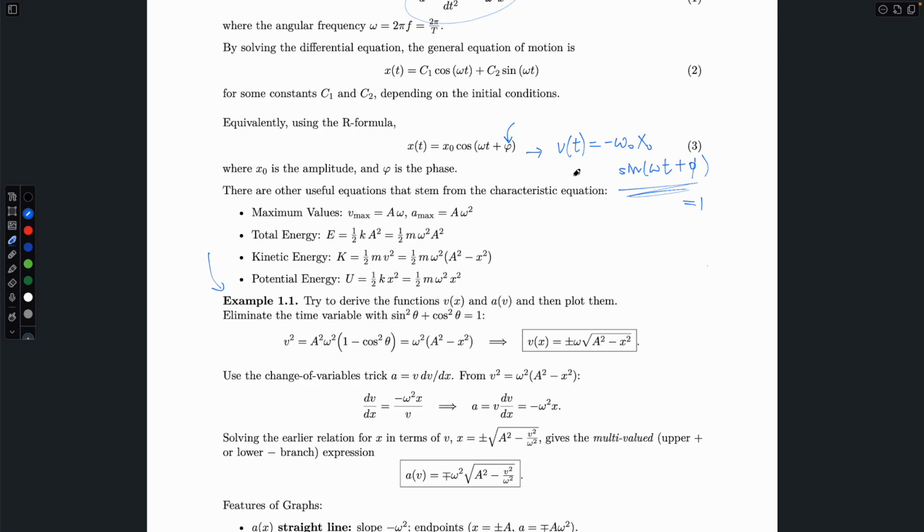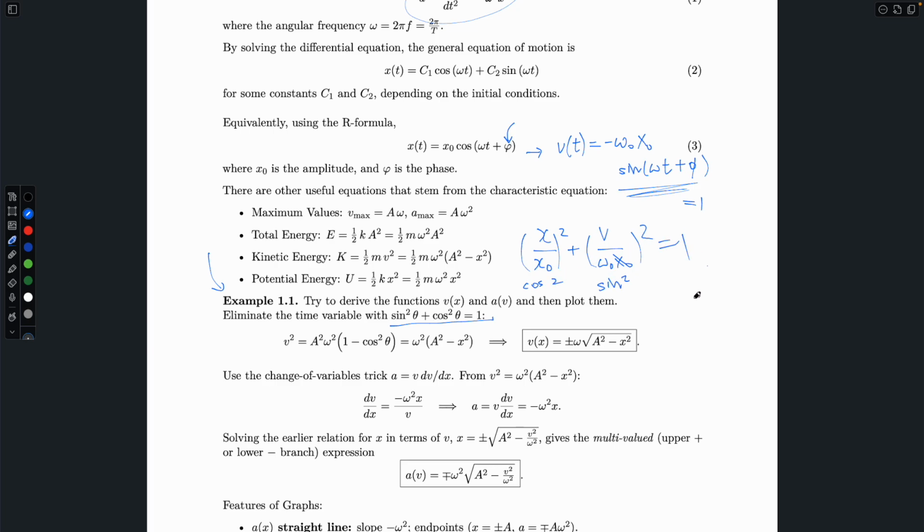In this case, the way they get this function is you use the Pythagorean identity, that is sine squared plus cosine squared is 1. So you can rearrange. x over x naught is your cosine omega t term, plus, if I square this, v over omega naught x naught squared, which is your sine squared term.